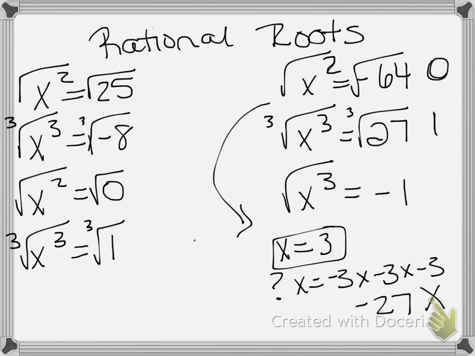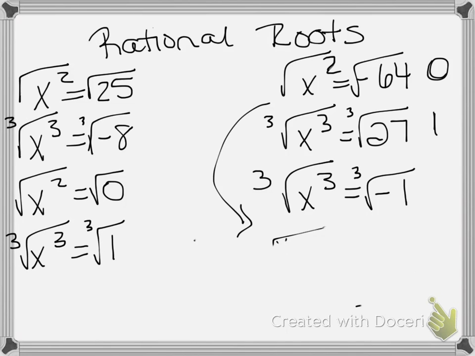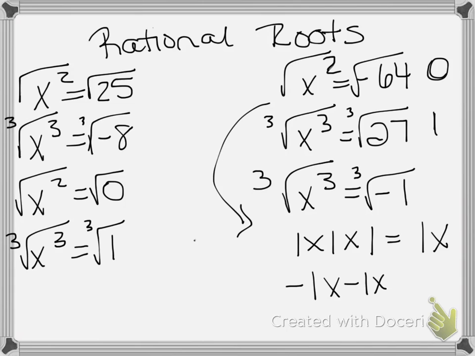Same thing here. I'm going to say the cube root of negative 1. If I say 1 times 1 times 1, that gets me positive 1, so that doesn't work. Negative 1 times negative 1 times negative 1, yep, that gets me negative 1. So this one only has one rational solution.